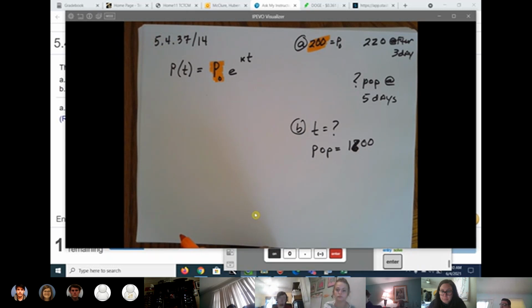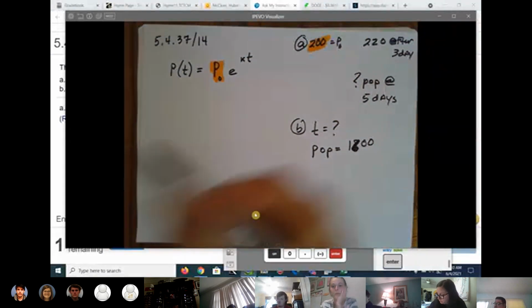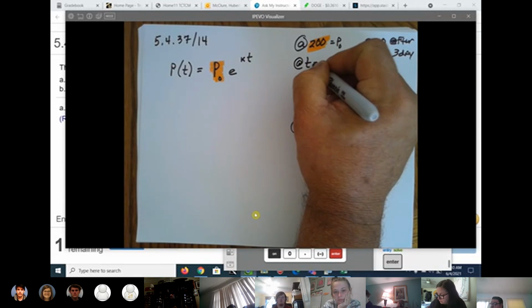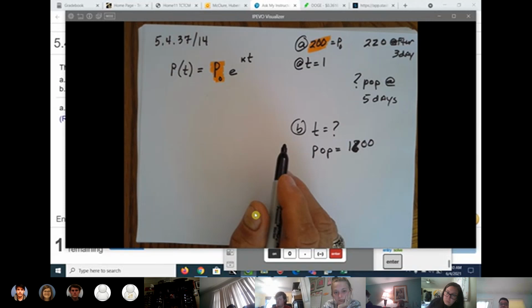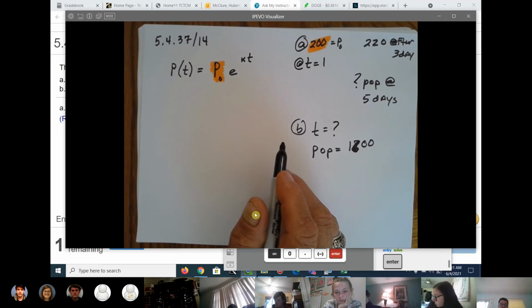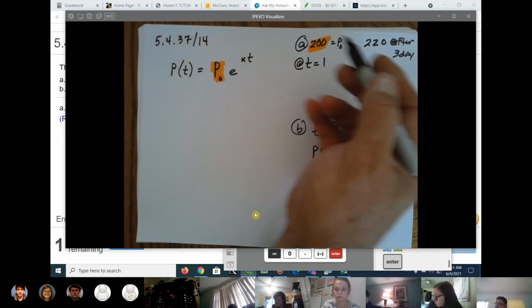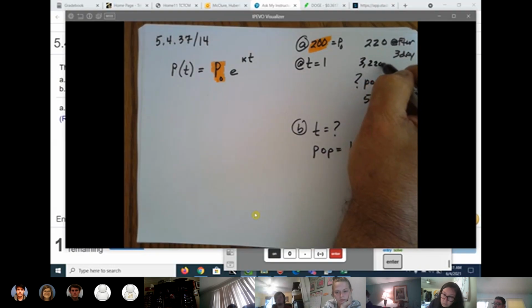And t is going to be equal to 1 because it's the first day. There's 200. So the first day you have 200 bees. And at 1, you have 220 bees.